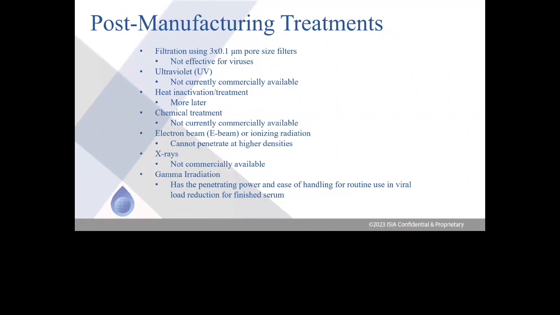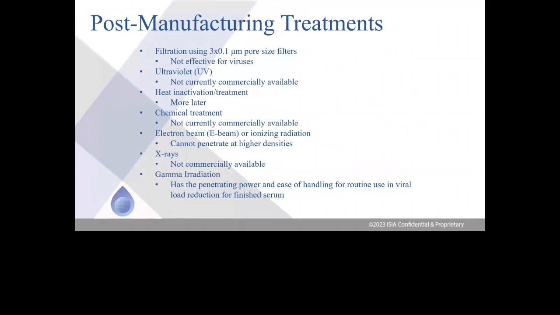Chemical treatment was performed many years ago using beta-propiolactone, but the dangerous nature of this chemical rendered this process not commercially available. Electron beam technology uses ionizing energy from an electron beam, but this is not able to penetrate at the level needed for treatment of animal serum.